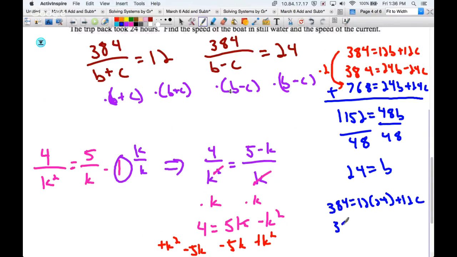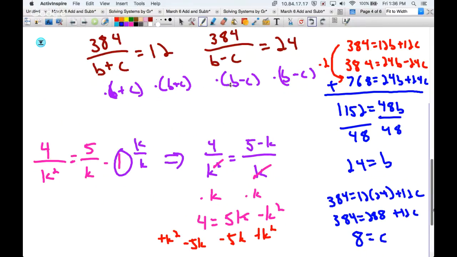So 384 equals 288 plus 12c. Subtract 288 from both sides. So 384 minus 288 equals that. Divide both sides by 12. c equals 8.